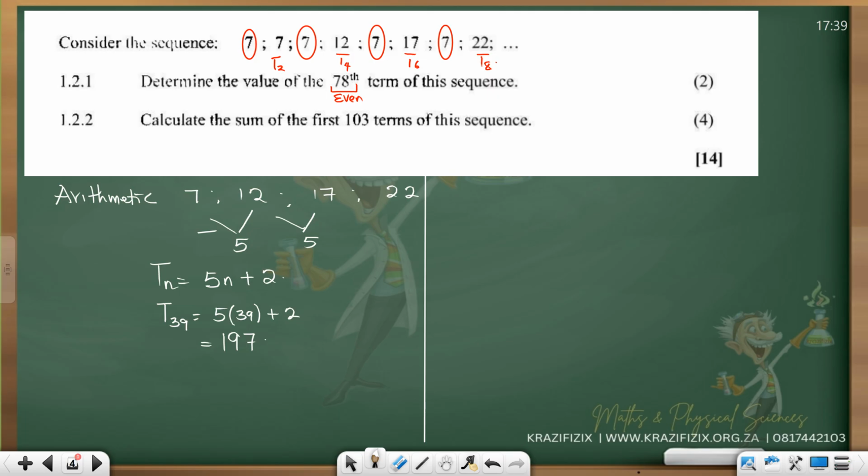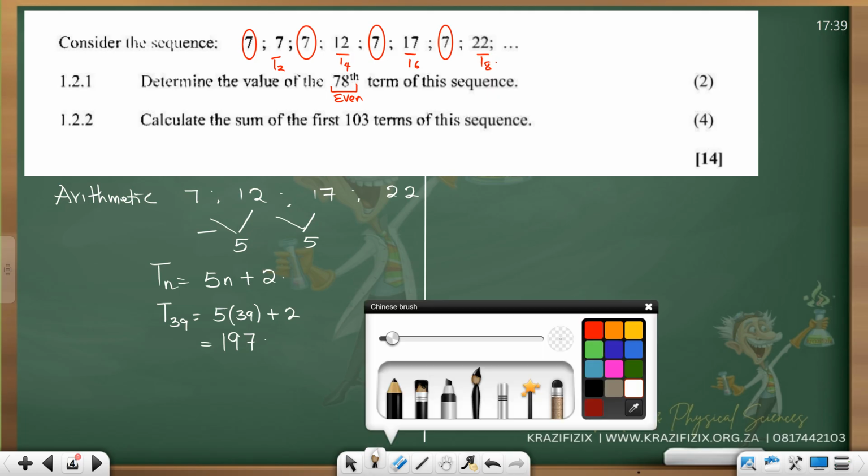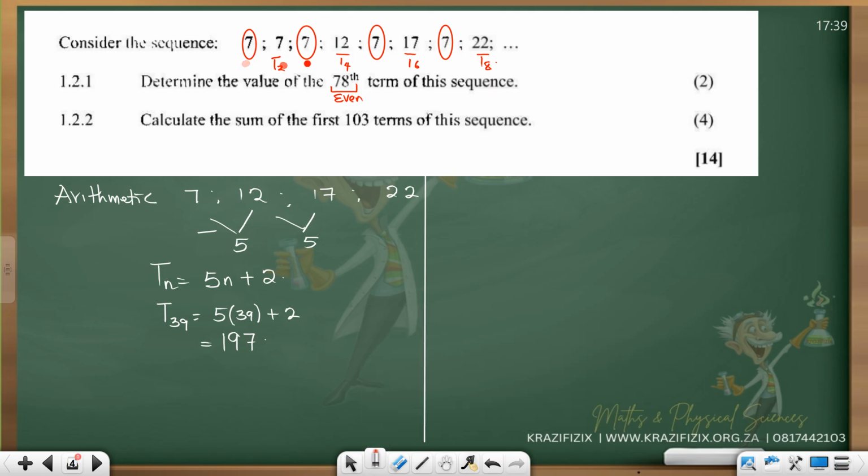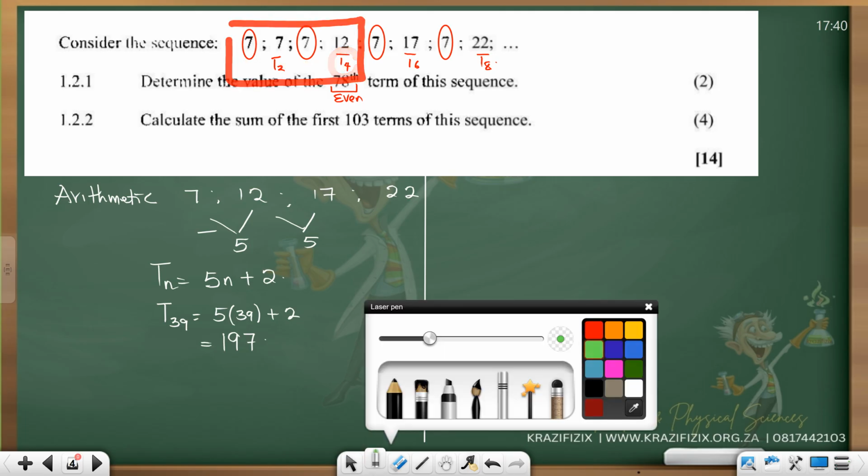Guys, are we okay? Do you understand why we calculated T39? No. All right. If you check this, because I knew that will be where the issue is. This is T1, T2, T3. Look at T4. T4 is actually the second term when it comes to the arithmetic.